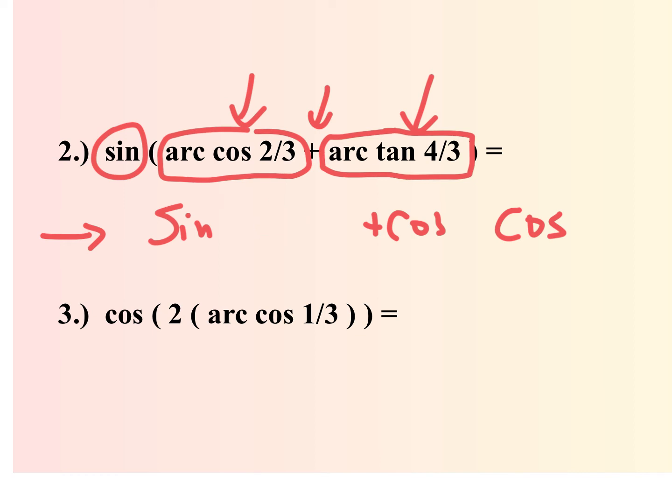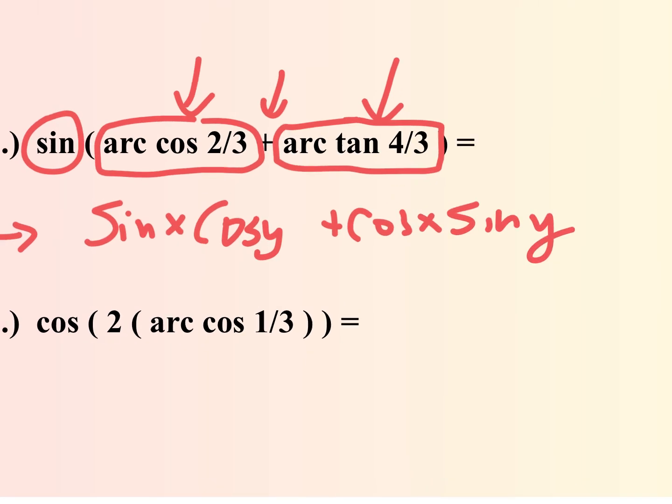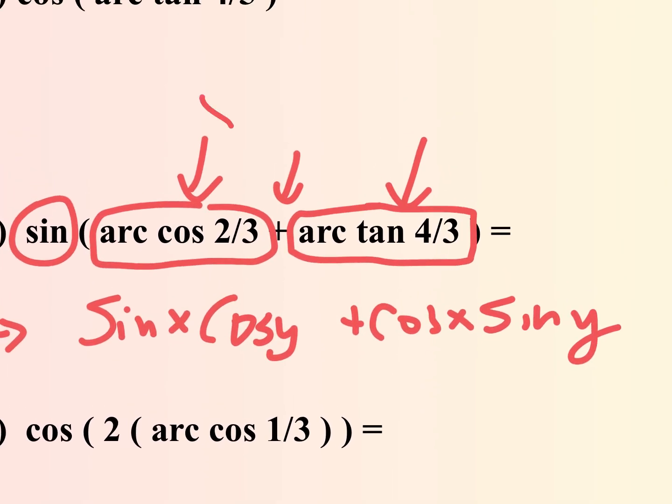Sine x cosine y plus cosine x sine y. All right. Okay, well, that'd be great if I only knew what x and y were, but I do. This is the x, and this is the y.